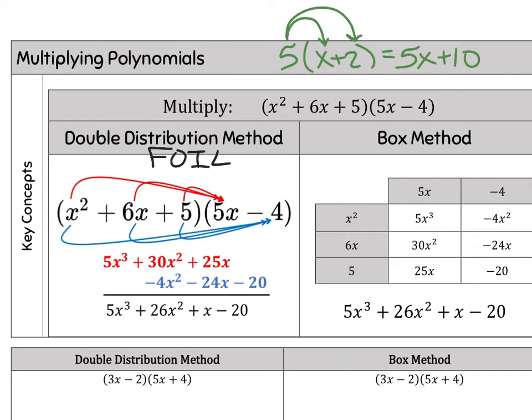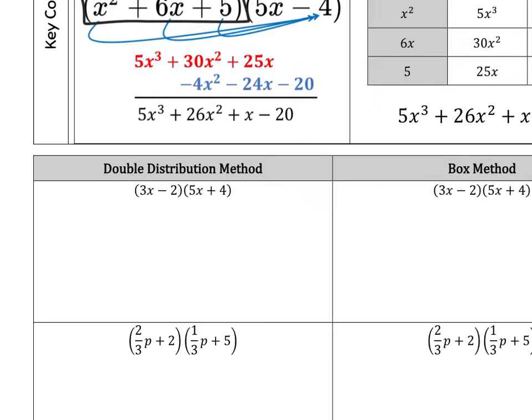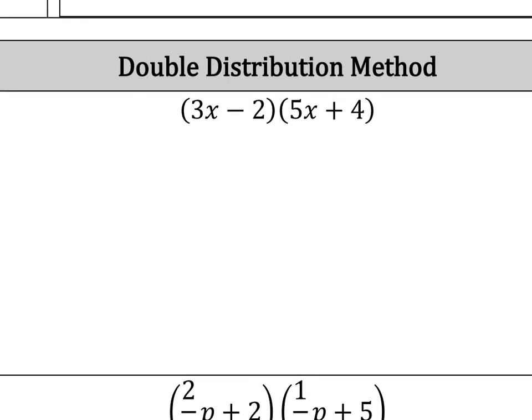What's happening now is the first thing in front of my parentheses is no longer a number. I'm going to have to multiply every single term to every single term. It's double or triple distribution, which is wild. But let me show you an example because it's not that bad, especially when you remember how to set them all up.